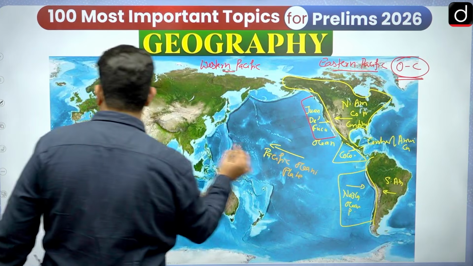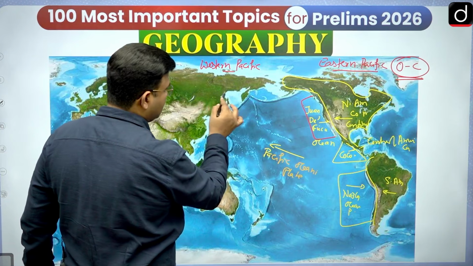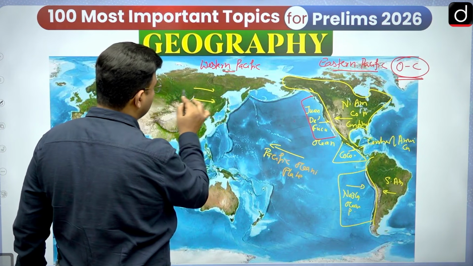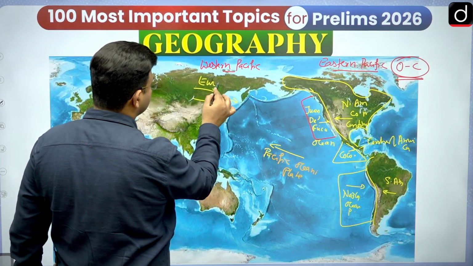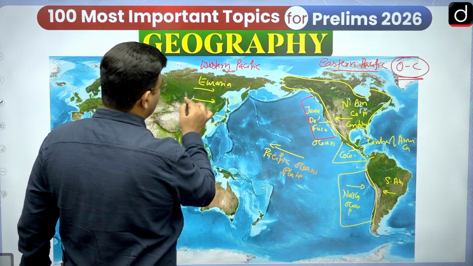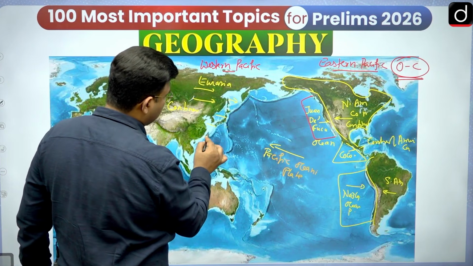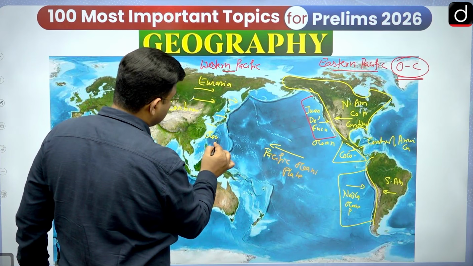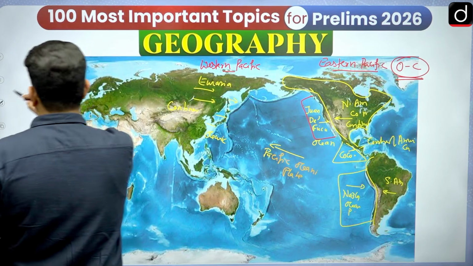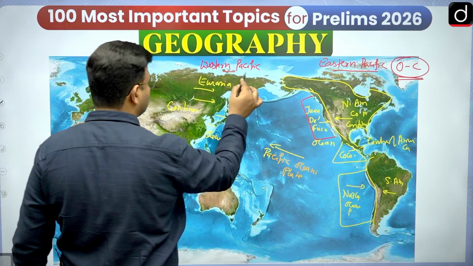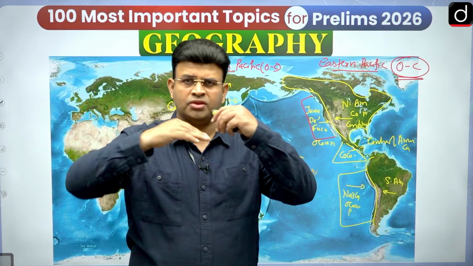What is happening here? On this side it is the Eurasian continental plate, and these parts are Eurasian oceanic. So here it is oceanic convergence that is going on, and during oceanic convergence, what is happening?